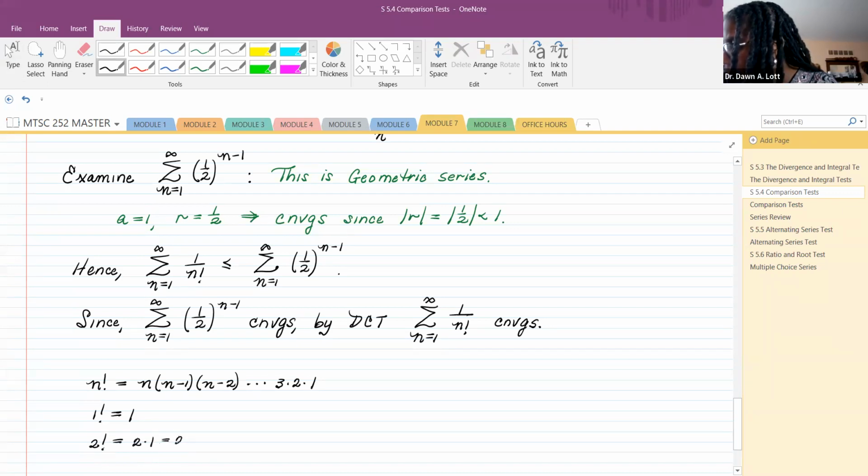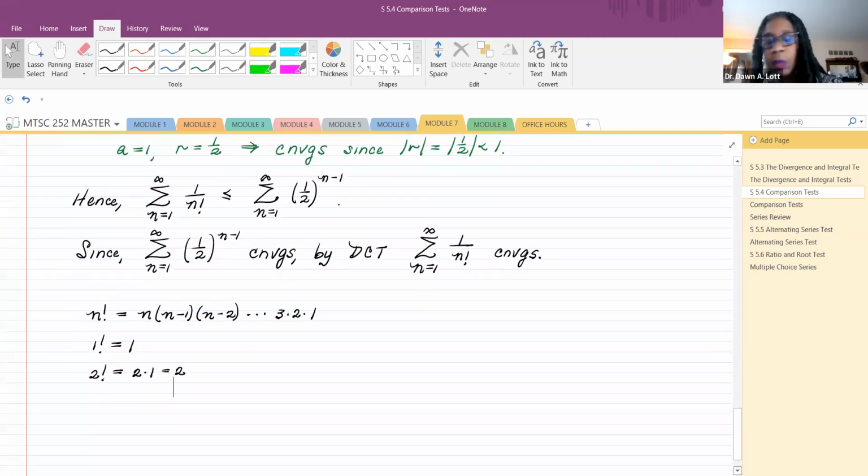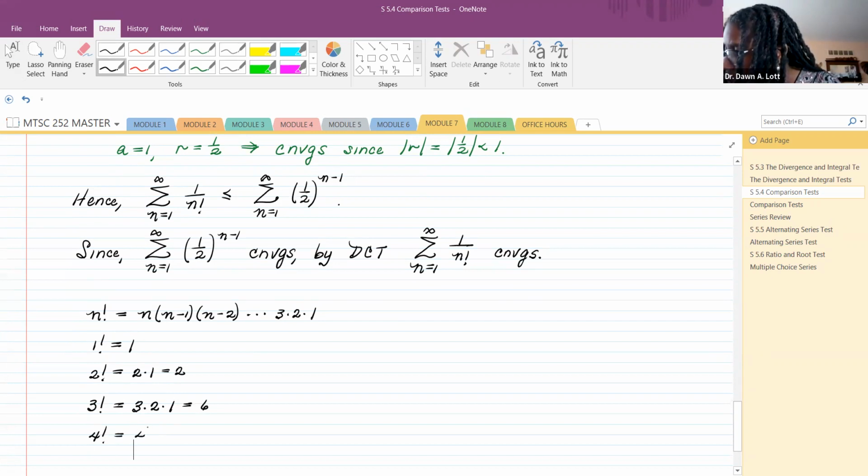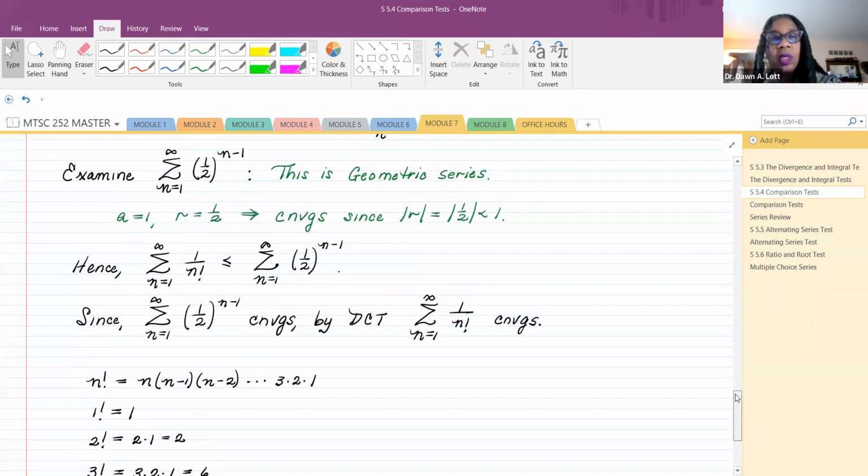That's how I got 2. 3 factorial is 3 times 2 times 1. That's 6. 4 factorial is 4 times 3 times 2 times 1. And that was 24. Okay, so now you see where I got these numbers.